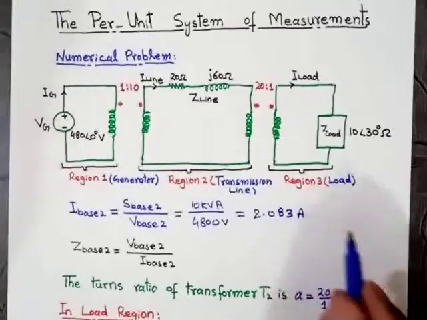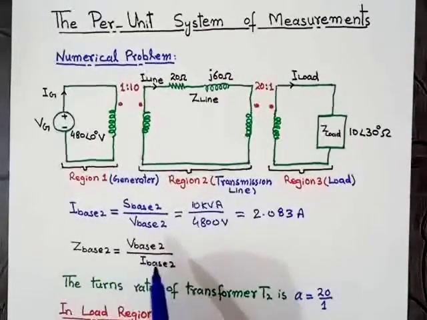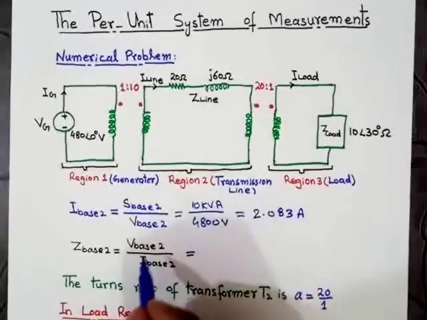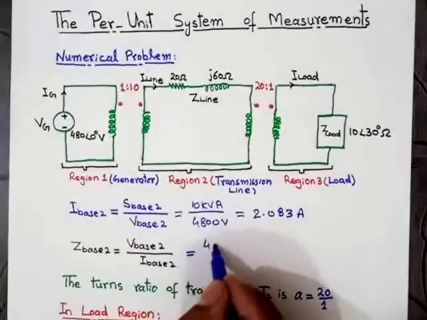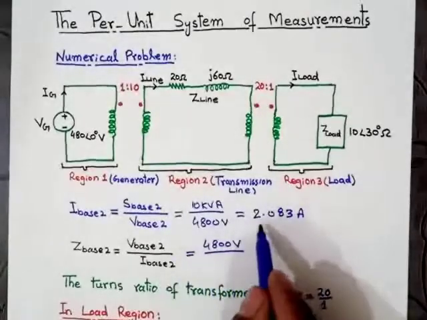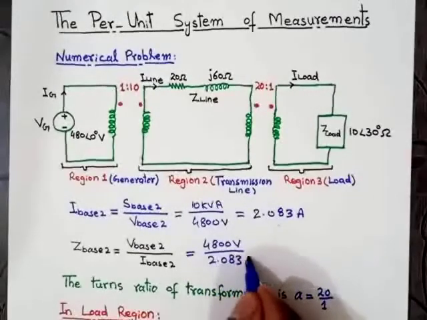2.083 ampere. Now we will find the base value of the impedance, that is Z base 2. Z base 2 will be equal to V base 2 over I base 2. Putting the values in this equation, V base 2 is equal to 4800 volt and I base 2 is equal to 2.083 ampere.